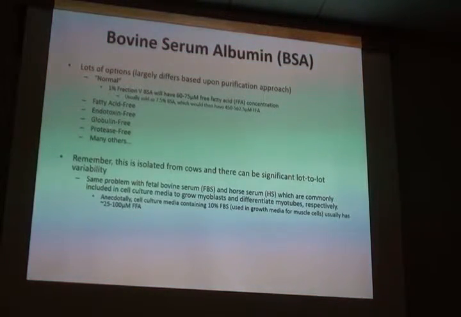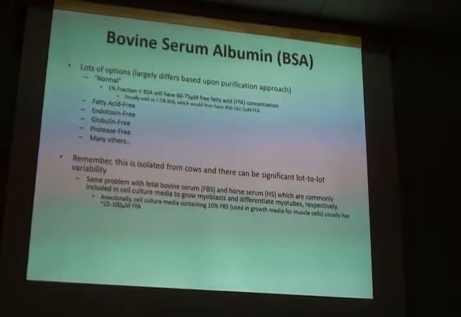The other thing that you really need to remember is that it's bovine serum albumin, which obviously comes from cows, and much like humans, cows are going to be variable. So the albumin that you get from cows is going to be variable from batch to batch.